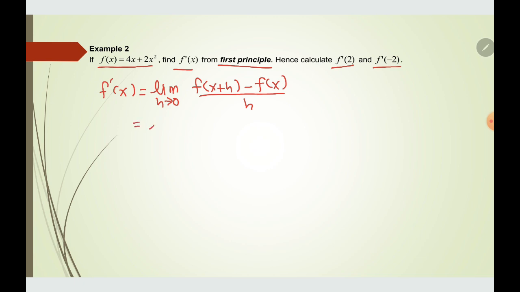So substitute x plus h into your function f(x). We got 4(x plus h) plus 2(x plus h) squared minus bracket 4x plus 2x squared, over h.